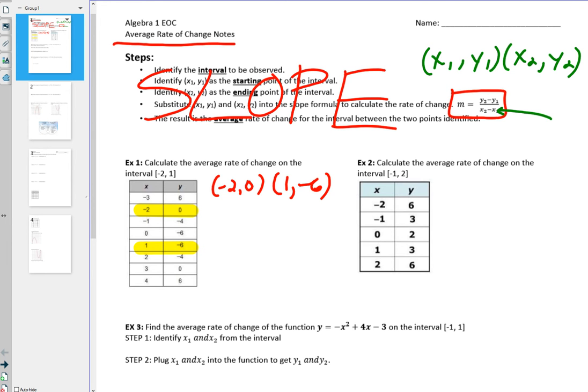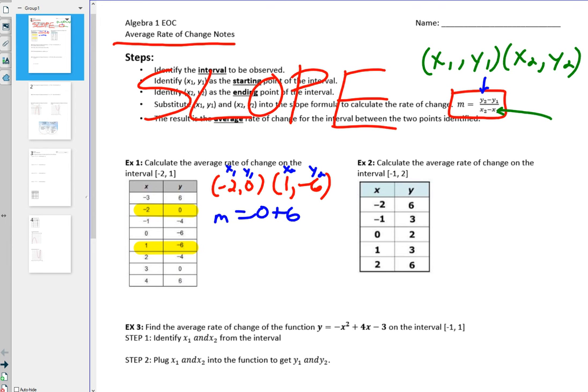And now the rest of it is, do you know how to use slope formula, which we've done before. Slope is equal to 0. Remember the y's have to go on top. I personally like to write x1 and y1 first. Some people like to write x2 and y2. The formula here has x2 and y2 coming first. It doesn't matter which one you put first as long as you put the corresponding x or y on the bottom.